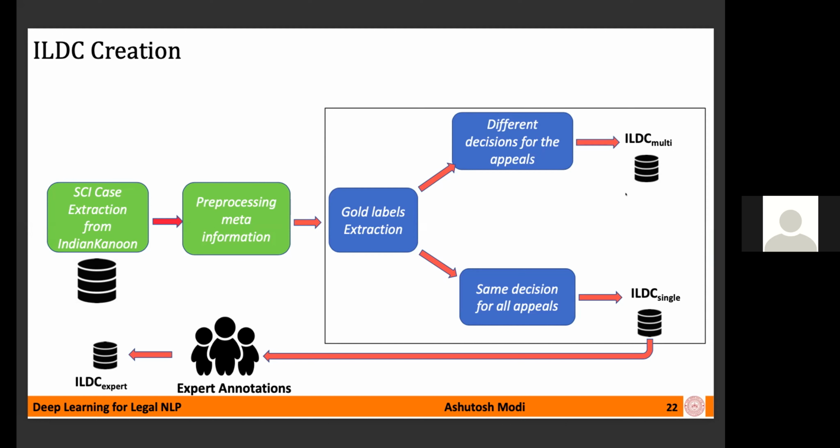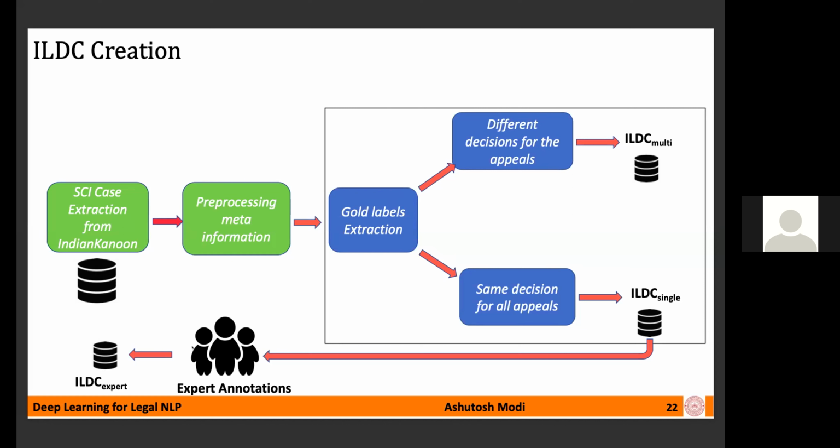And then we took these documents from the test set, which was common for both multi and single splits, and we call them ILDC expert. These were given to 5 legal experts, who were requested to predict the judgment and mark the sentences that they think are the explanation for these judgments.